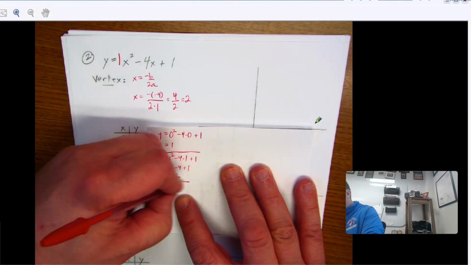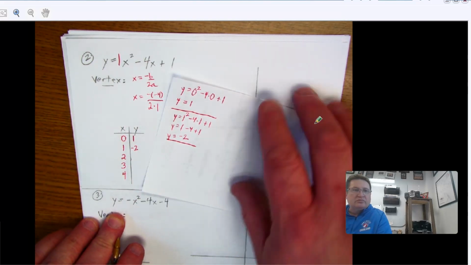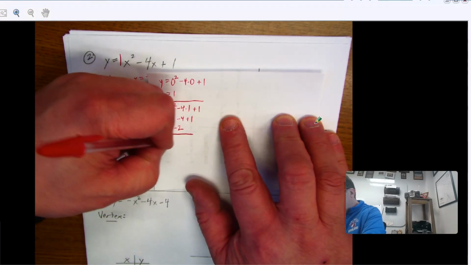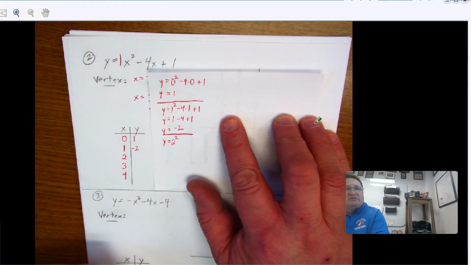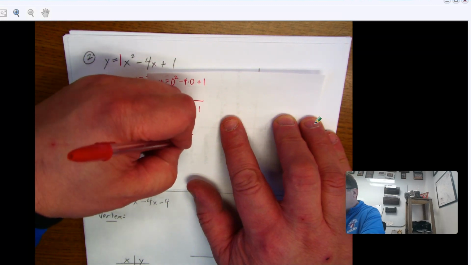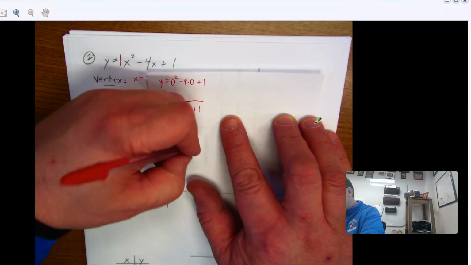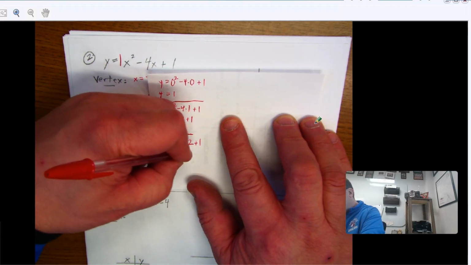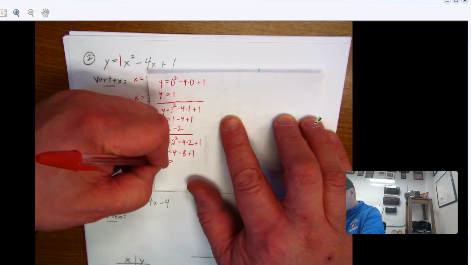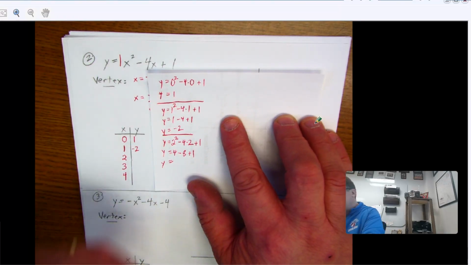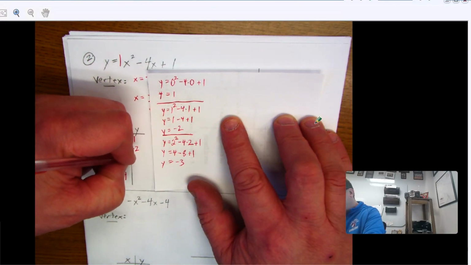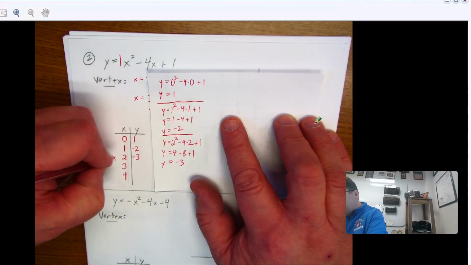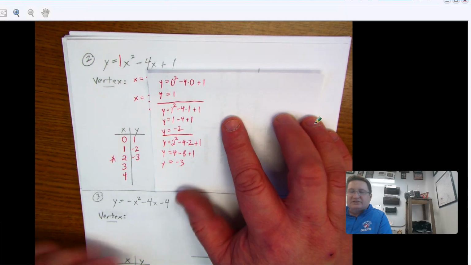When we plug a 2 in, we would have y equals 2 squared minus 4 times 2 plus 1. So that is 4 minus 8 plus 1. That's -4 plus 1, so -3. All right. That's our vertex, by the way. That's the one where we found x to be 2.